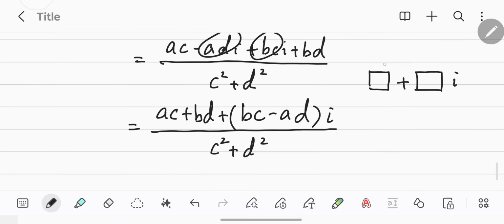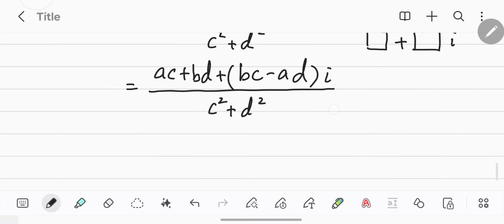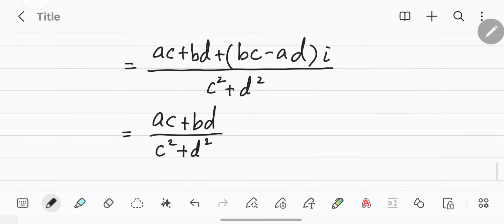Okay, since our aim is to convert into this form, now you can check this is real, this is imaginary, real part and imaginary part. So I can distribute the denominator with the real part as well as the imaginary part to convert this into this form. So (AC plus BD) divided by (C square plus D square).